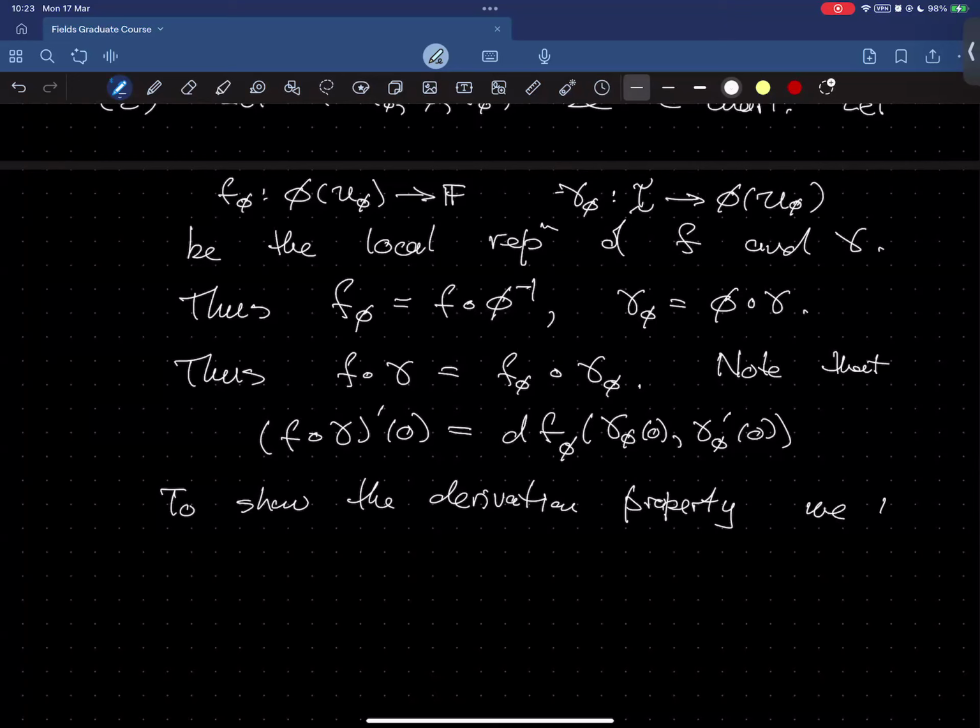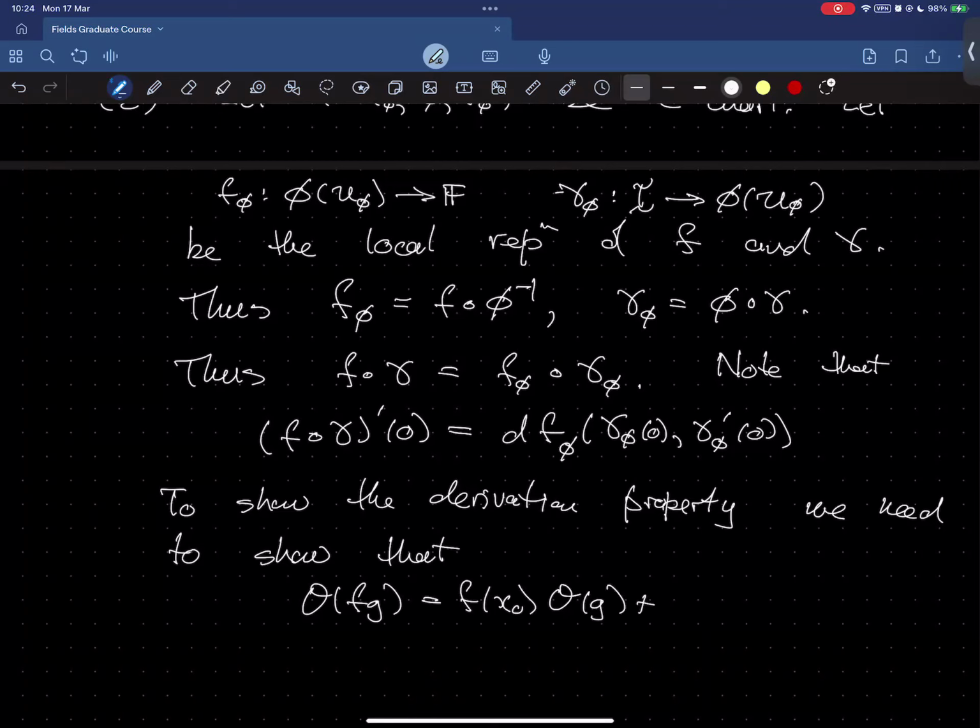We need to show that theta of fg is f of x naught theta of g plus theta of f times g of x naught.